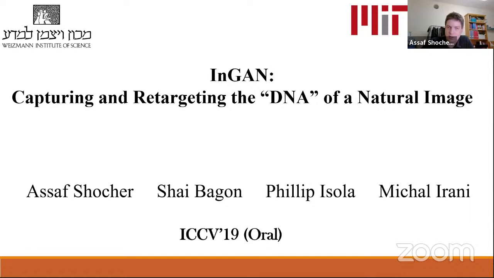And this DNA we're talking about is the distribution of patches inside this image. GANs learn distributions, so we were after learning the distribution of patches.